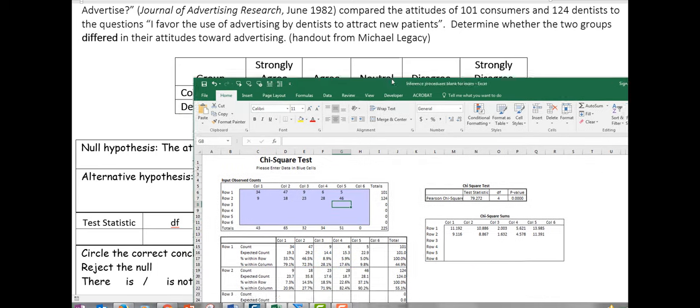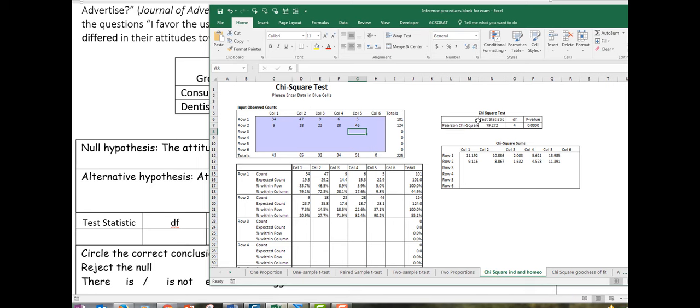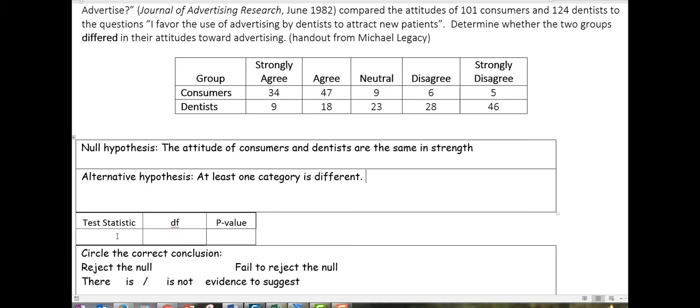Okay, and what I want is the test statistic, the degrees of freedom, and the p-value. So this stuff right here. 79.272 for the test statistic. Degrees of freedom would be 4. And the p-value, again, is 0.